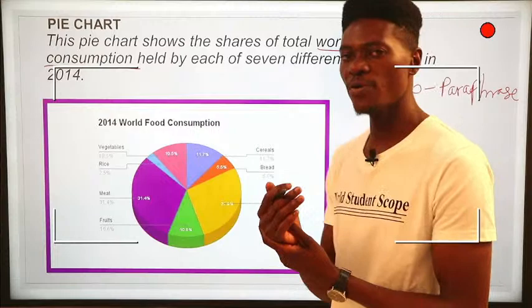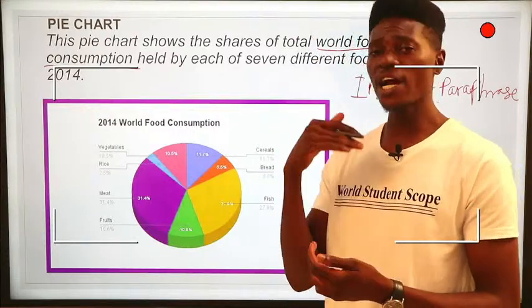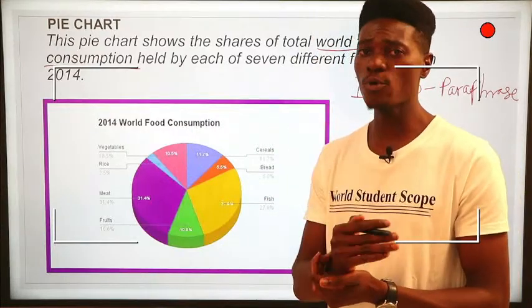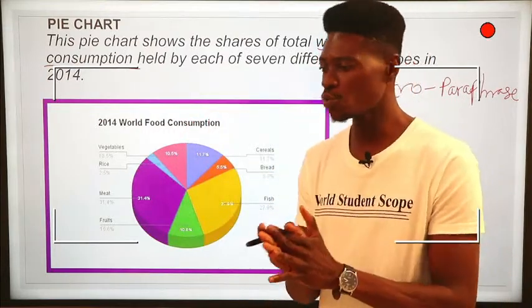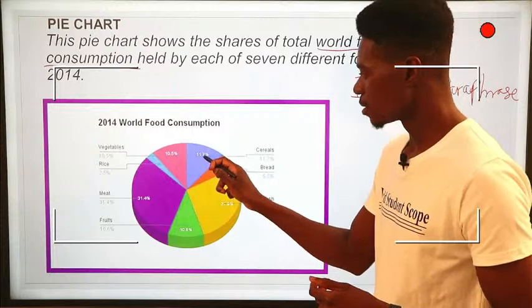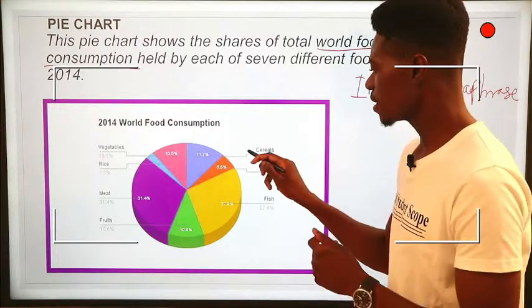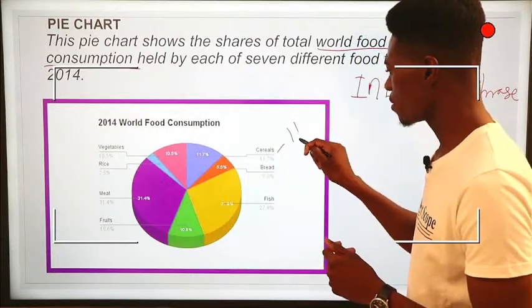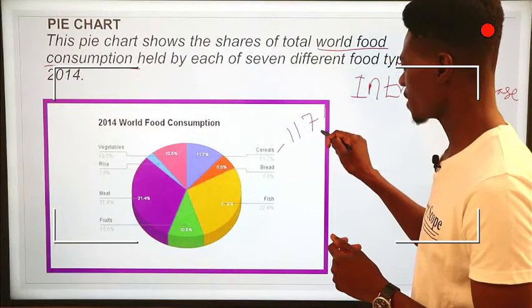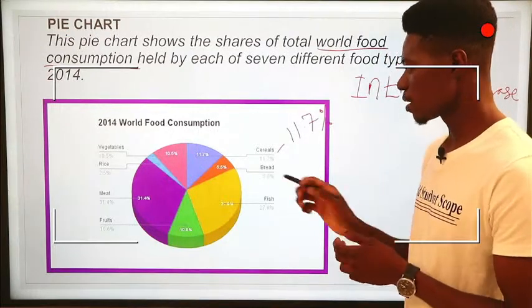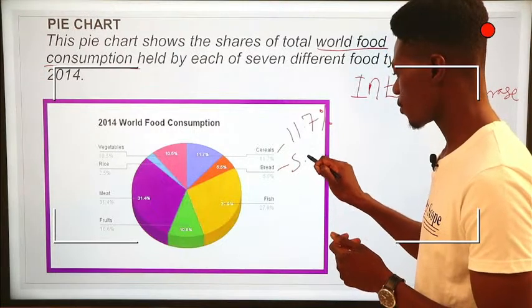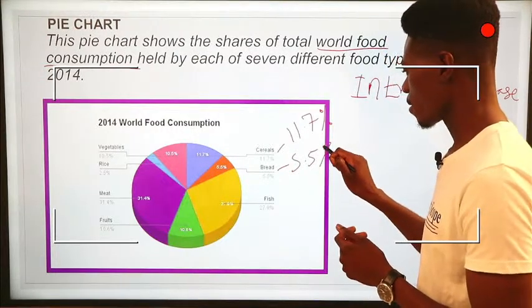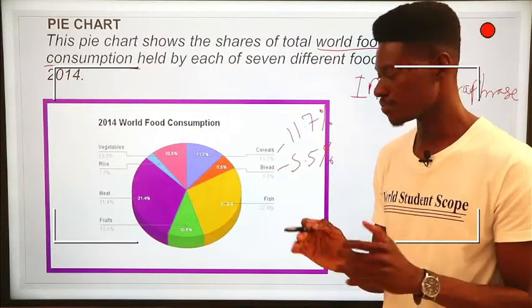So, as I told you before, our data has been calculated into percentum or percentage. Now, I will show each and every percentage to you. For example, cereals has been given 11.7 percentage. Bread has been given 5.5 percentage.